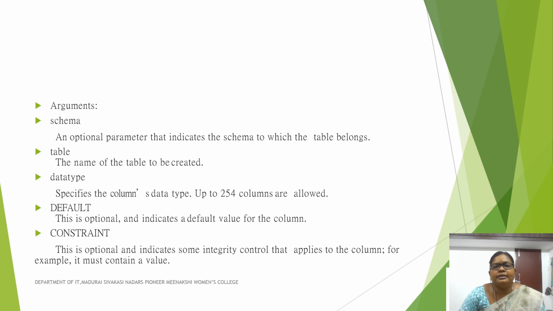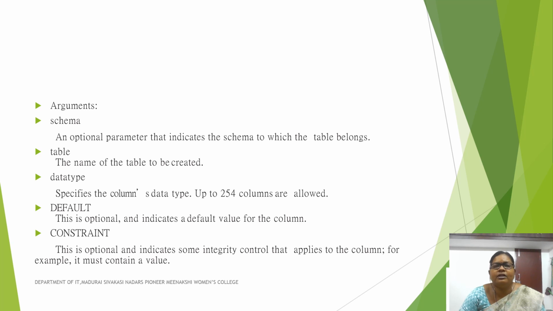Default, so it's again optional. If you want to give a default value to the column, you can make use of this particular argument. Then you have another argument in the slide, constraints. Constraint is optional. If you want to force some integrity control for a particular column, you can avail this constraint argument for a column.